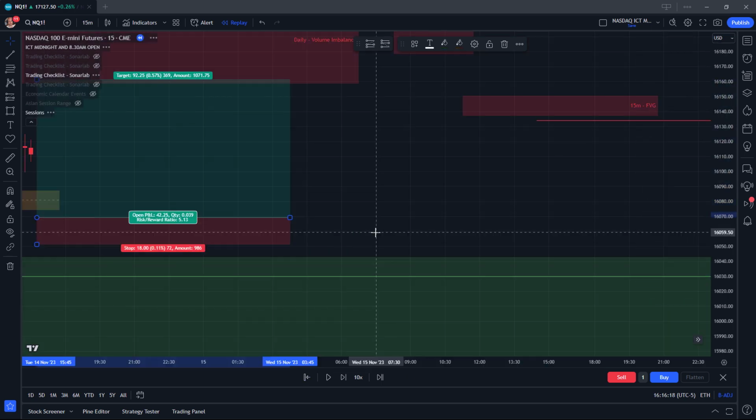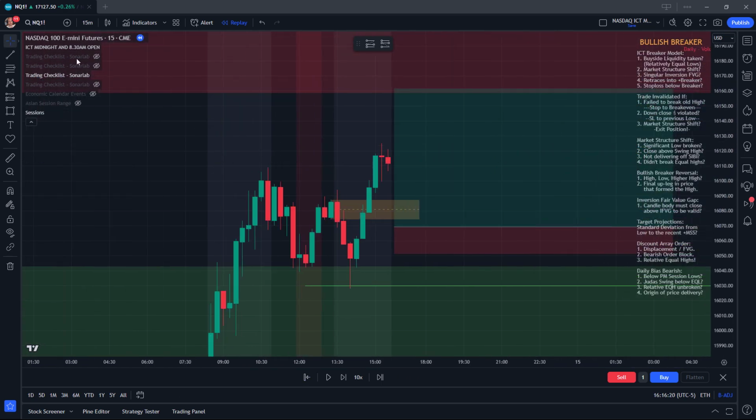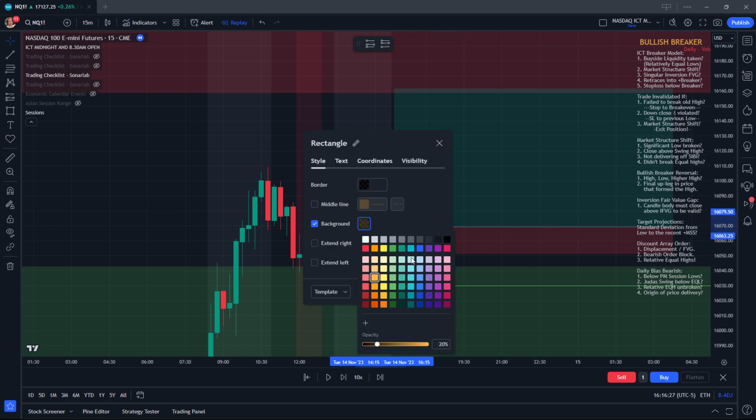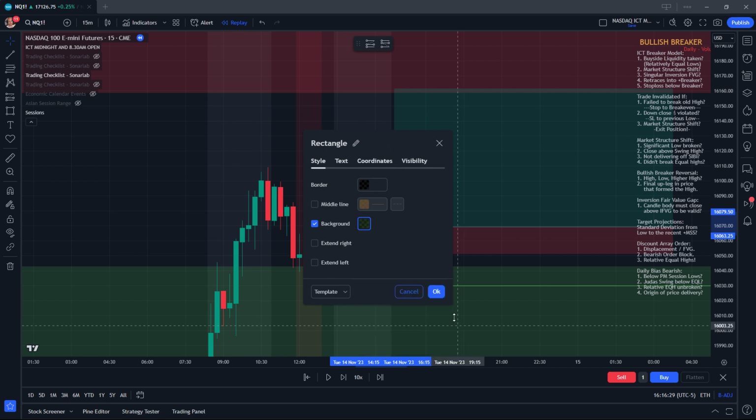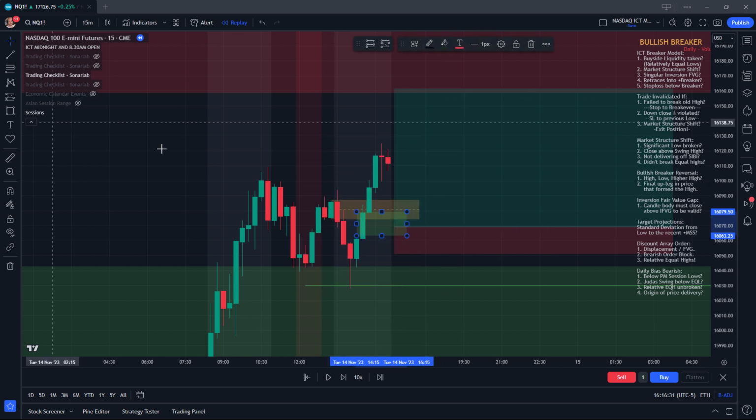Okay, and then we have to find a single inversion fair value gap. Remember, these are traditional fair value gaps, and we're looking for inversion fair value gaps, and we've got an inversion fair value gap here.